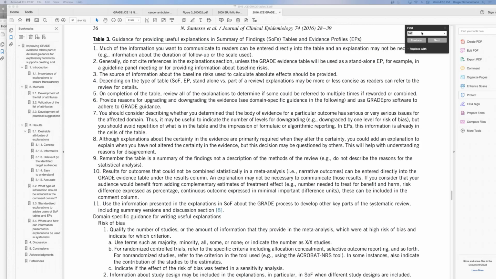So a couple of words about that. First of all, as we remarked a little bit earlier, what would be most helpful is to focus on the highest certainty of evidence.